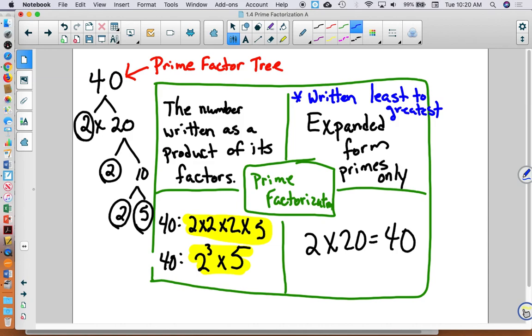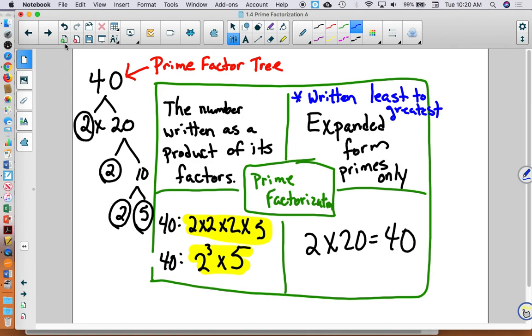Here, my factors are all there, but I have to remember to put them in order. So that's a habit that I got into. It's a good habit. Am I going to count it wrong if you do a prime factor tree like this? No. But if you don't put this in order, yes, I would count it wrong, because I want you to do it in the right way.